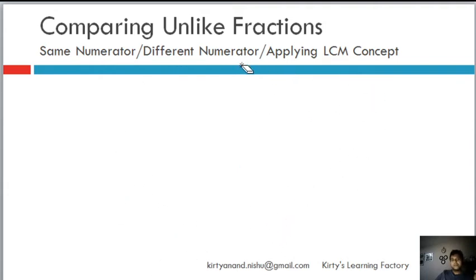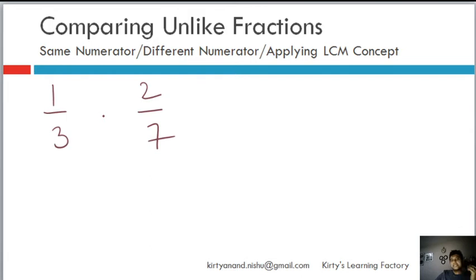Now let's talk about when the numerators are also different. Okay, so let's talk about 1 by 3 and 2 by 7. Both of them are in simplest forms. The numerator is different, the denominator is also different, and they are in simplest forms, therefore we can safely assume that they are not like fractions, they are unlike fractions.